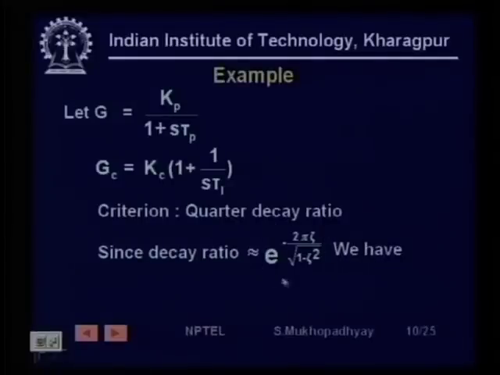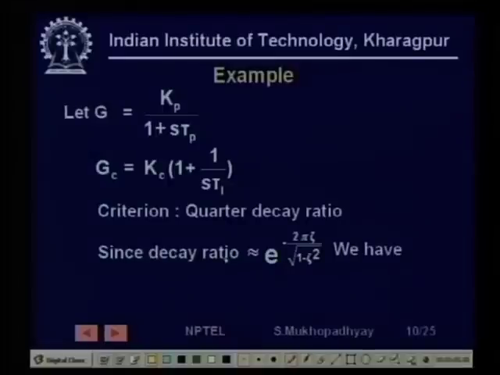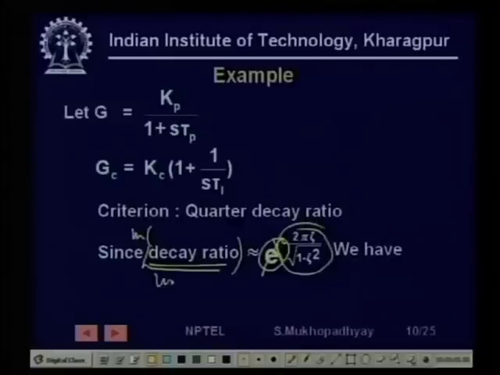So, this value should be less than 0.25, which means that we can simplify matters of solutions by taking the log on this side. So, we can have ln of the decay ratio approximately equal to this, or equal to, let us say. So, now this I want to be equal to 1/4, so this becomes equal to ln of 1/4.